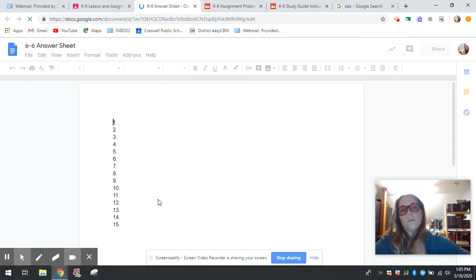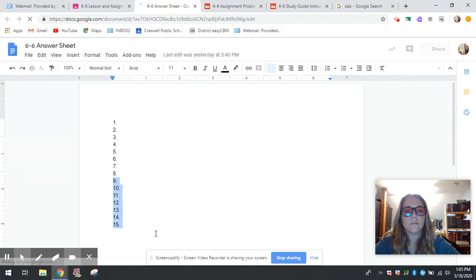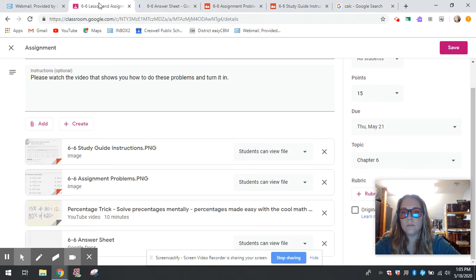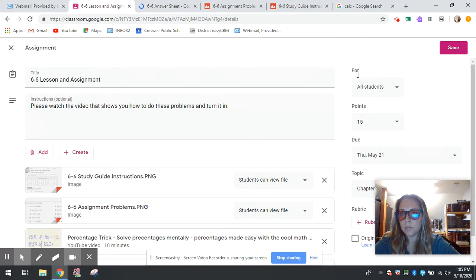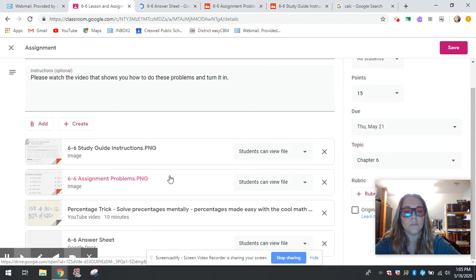So what you can do if you can't type in this is just copy it all and then paste it into your own Word doc and then click turn in for that. So I think for you guys up here, there's like an option to add or create a document, which I've shown you how to do in another video. If you forgot, watch it.